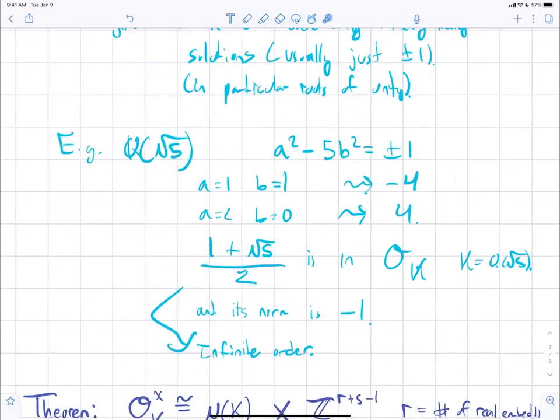We want to implement the same procedure where we guess and check until we hit a bunch of things with the same norm. Once we hit enough, the pigeonhole principle will tell us two of them generate the same principal ideal, and so their quotient is going to be a unit.